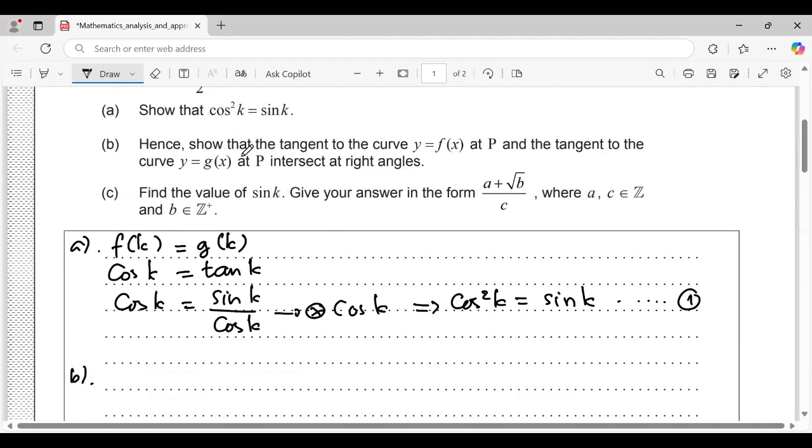Part B. Hence, show that the tangent to the curve y equals f(x) at P and the tangent to the curve y equals g(x) at P intersect at right angles.